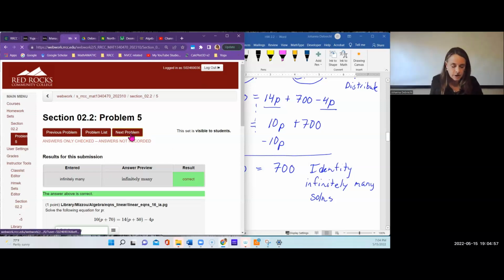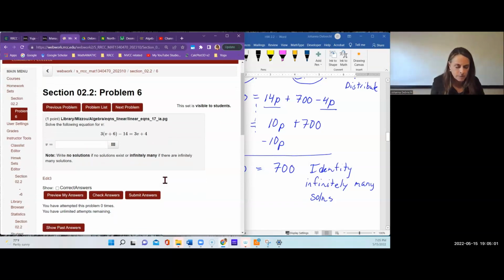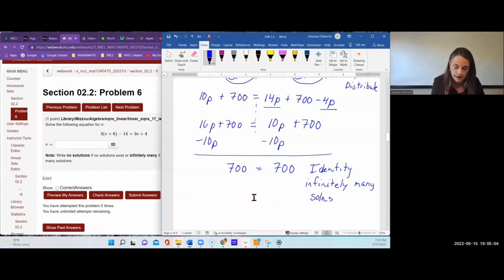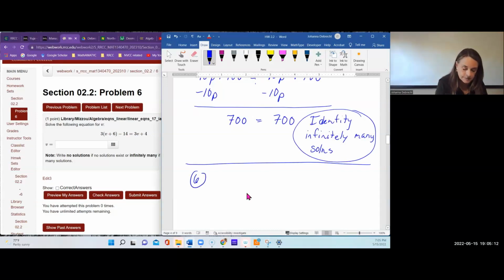And we call that inconsistent. Let's take a look now at problem number 6. In problem number 6, we're going to have to use the distributive property in order to eliminate the parentheses.